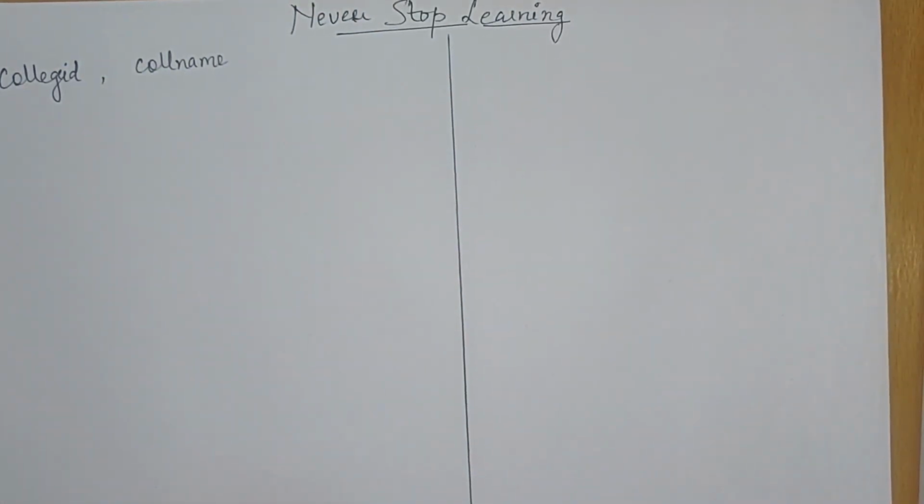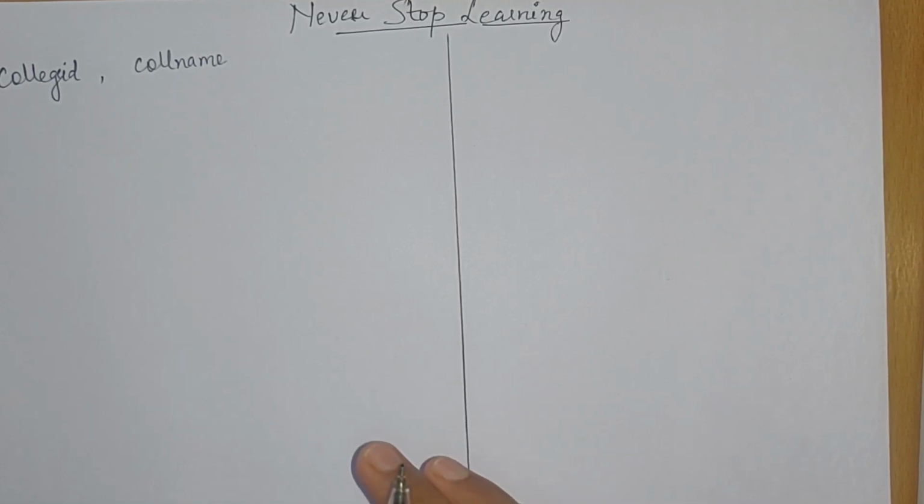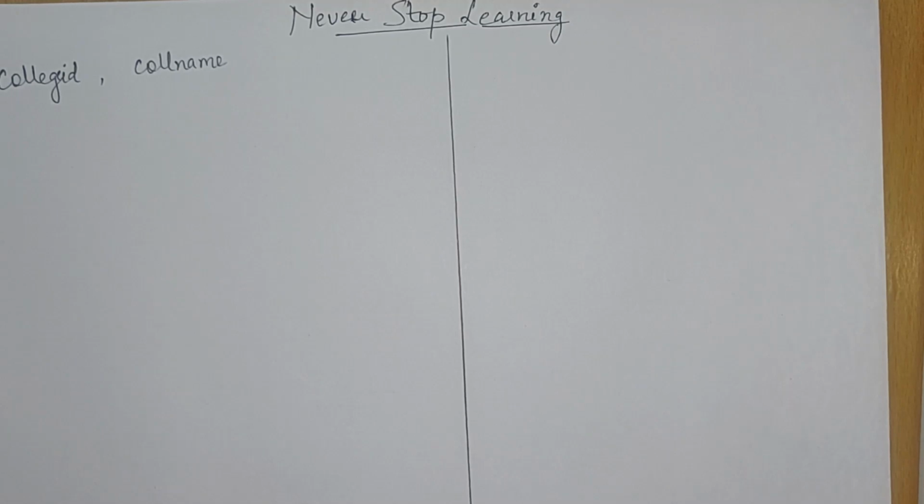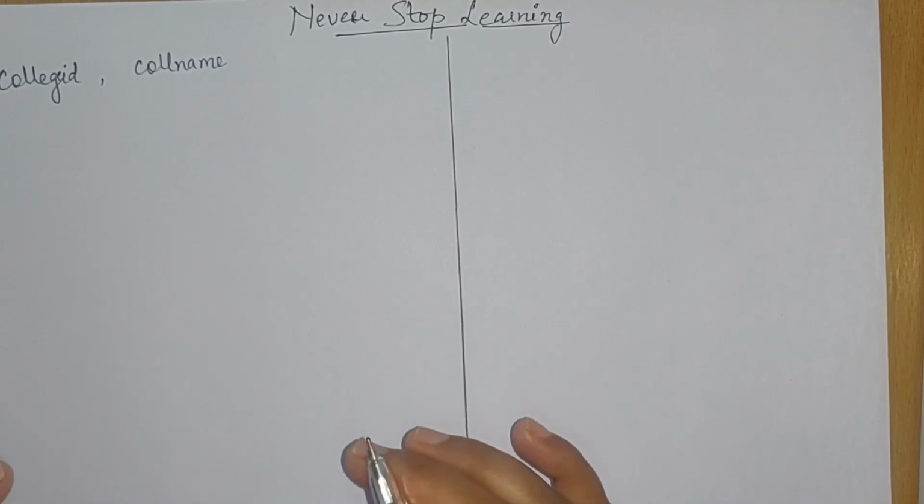Fine. Now we are discussing the trivial functional dependency. So what is the trivial functional dependency? If there is a dependency, the right hand side element should be the subset of left hand side element, right?